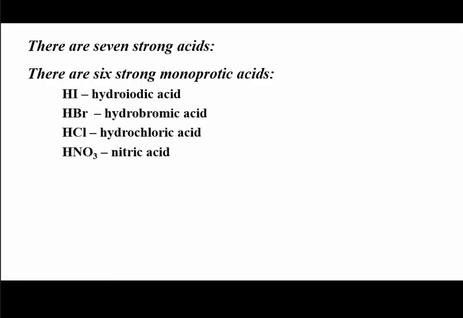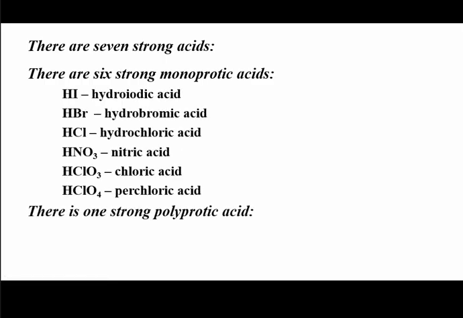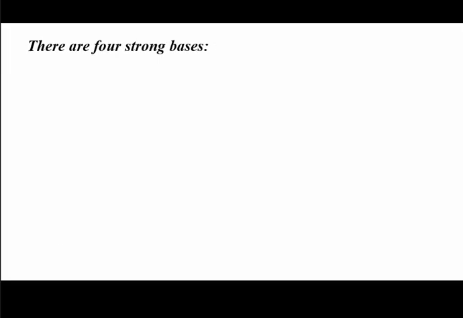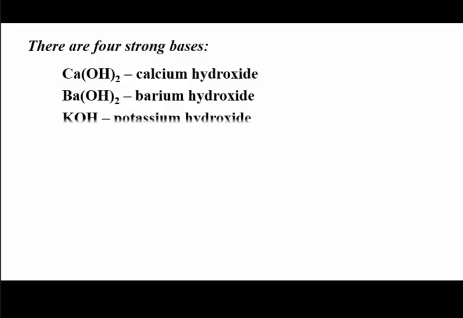6 strong monoprotic acids, 1 strong polyprotic acid. Okay? There are 4 strong bases. Now that depends on who's defining what strong bases are. These are the 4 I want you to know about.